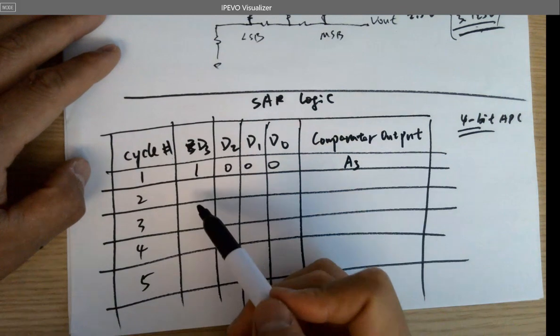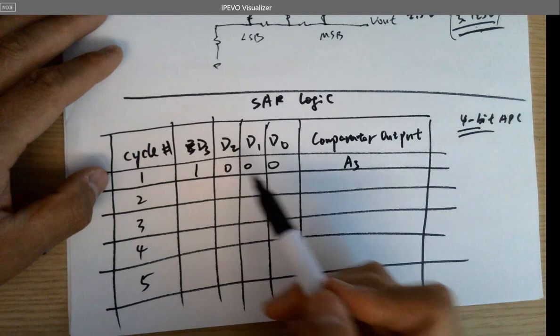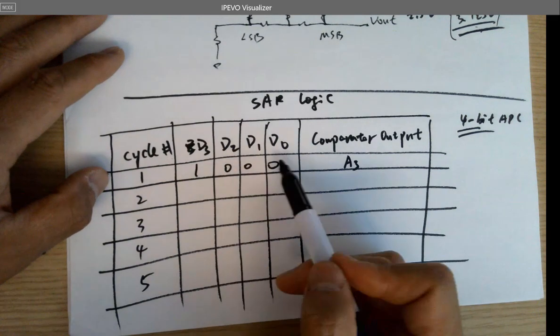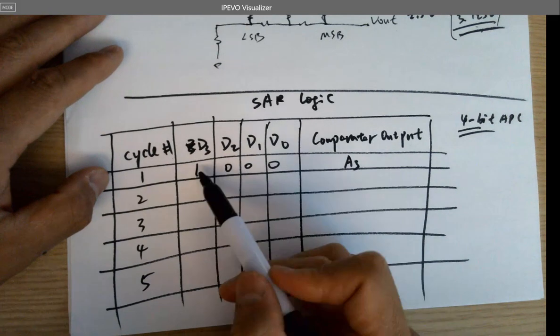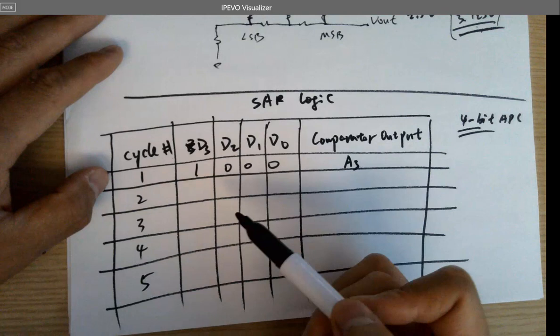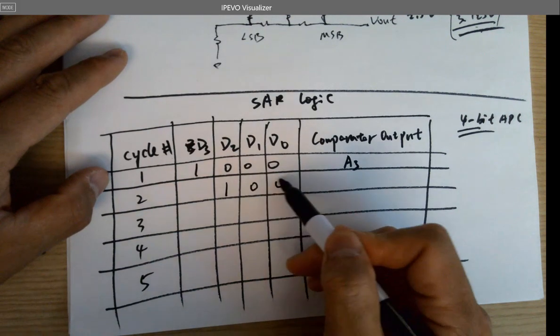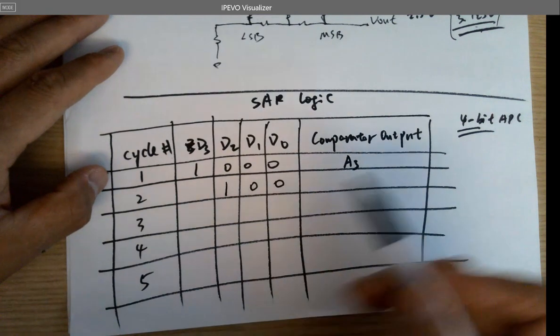So in the next cycle, how are the numbers moving and where do you plug this A3 into all the Ds?